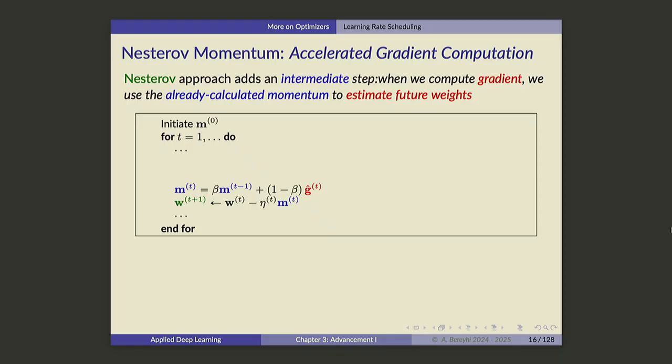Everybody's clear? This is what I called w hat t. So somehow I get from w t to w hat t first, and then I update by my gradient. Everybody agrees? Questions?